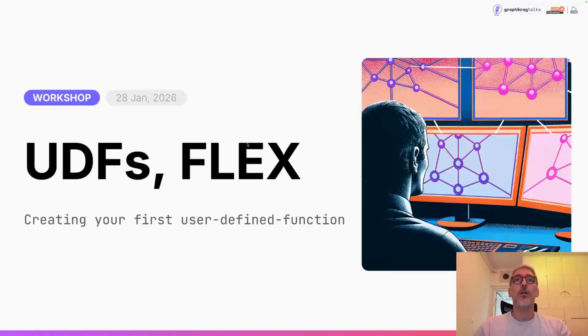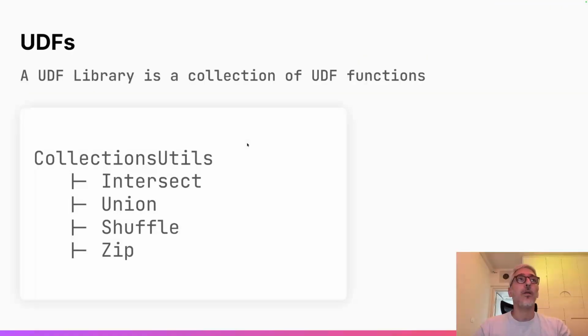So UDFs in FalkorDB, the way that we like to think about them is not as a standalone function. We like to group UDFs together under what we refer to as a UDF library. So you load a UDF library, and the library contains one or hopefully multiple functions.